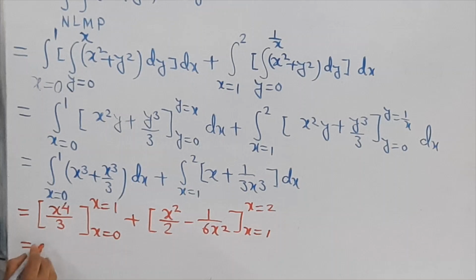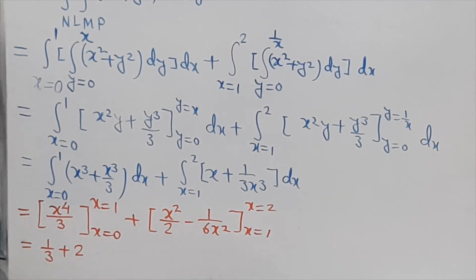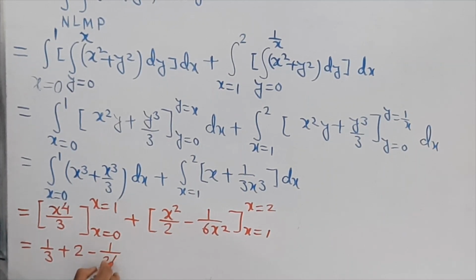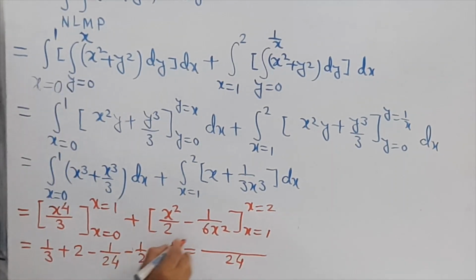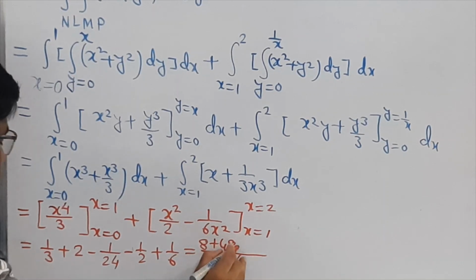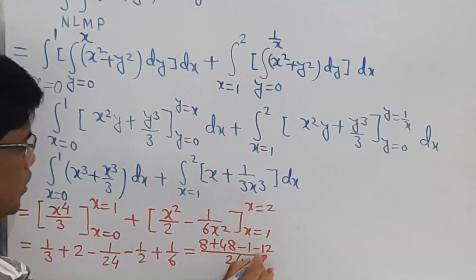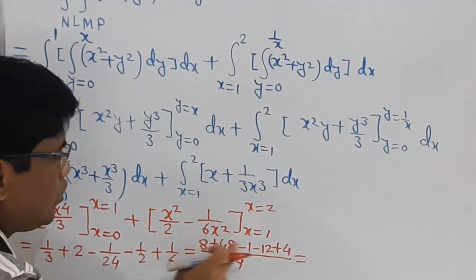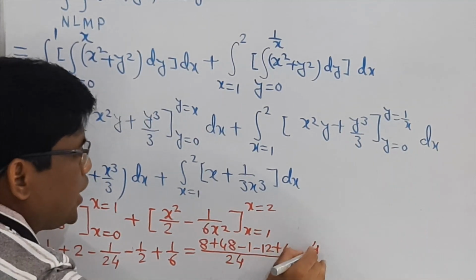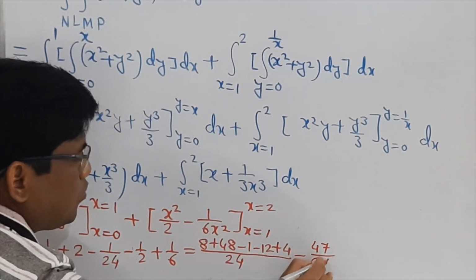This implies 1/3 plus, for x is equal to 2, 2 minus 1 by 24, for x is equal to 1, minus half plus 1 by 6, is equal to, with common denominator 24, 8 plus 48 minus 1 minus 12 plus 4. 8, 4, 12 minus 12 cancelled, 48 minus 1, 47 by 24.